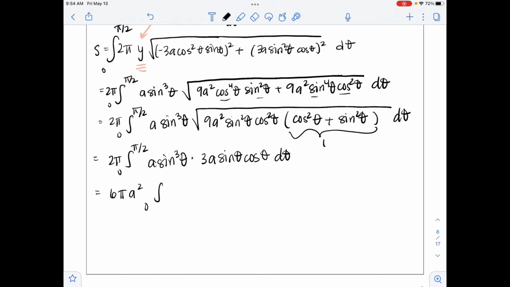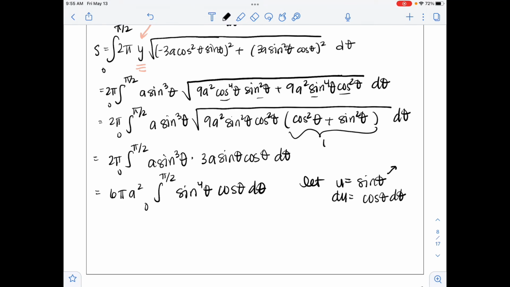The integral is going from 0 to π/2, and then we're going to have sine to the 4th θ cosine θ dθ. And so we're going to use some substitution here. I'm going to let u equal sine θ, and then du would be cosine θ dθ. And then also remember that we do have to change those limits of integration, and we'll do that momentarily.